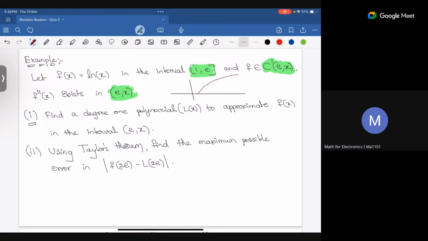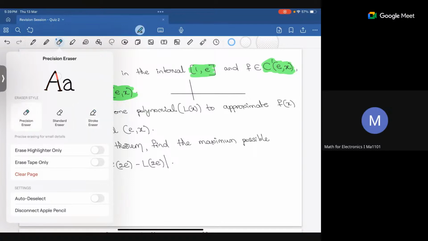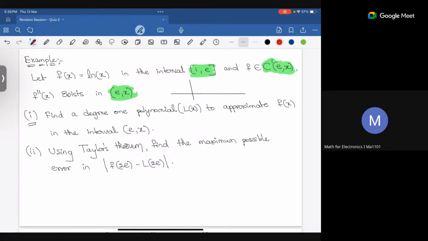Those of you who know the curve, this is how ln x will behave. And what we know is we know only till e. The graph is from 1 to e, and after that we don't know. This is e and this is 1.